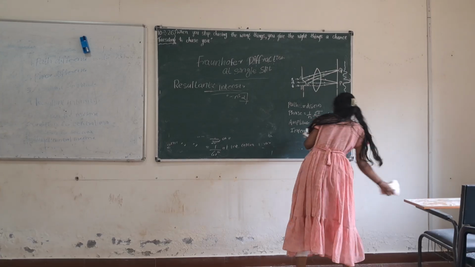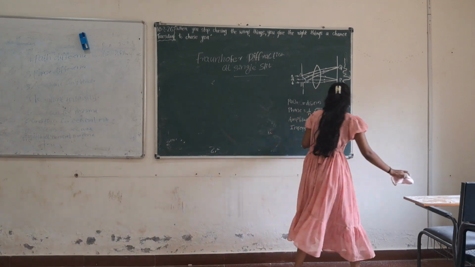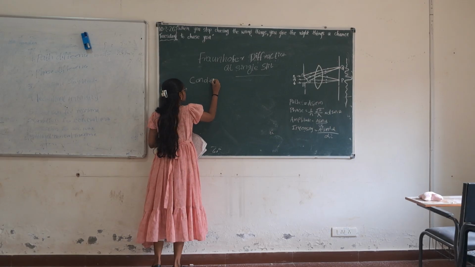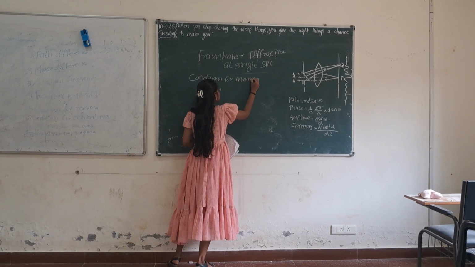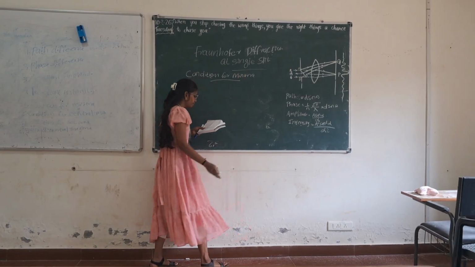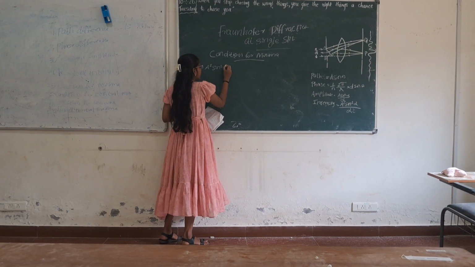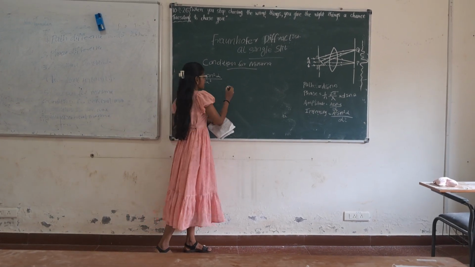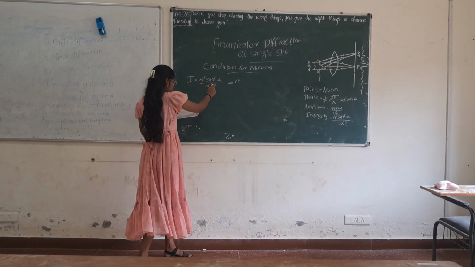Next is the condition for minima. For minimum intensity, I is equal to A squared sin squared alpha by alpha squared must be equal to 0. It is 0 if sin alpha is equal to 0.